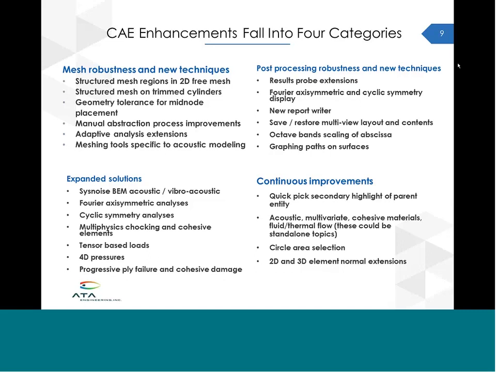Now, the fourth and final category is a bit of a catch-all category. It's an assortment of enhancements that don't fall into any of the previous 3 categories. One enhancement that I'm a big fan of personally is this new enhancement to the quick pick feature that allows you to highlight secondary features of parent bodies when you have your mouse in an area that's really cluttered and crowded with bodies and faces and edges and those sorts of things.